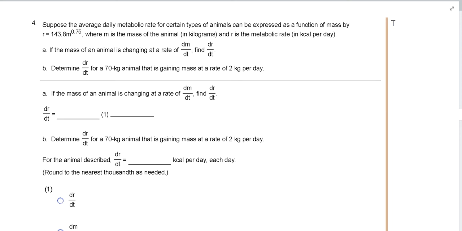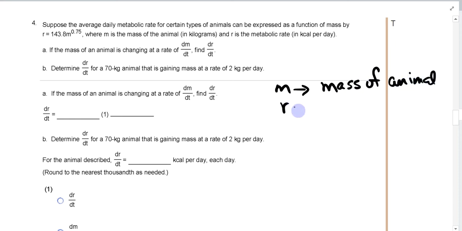That's A. Determine dR/dt for a 70 kilogram animal that is gaining mass at a rate of 2 kilograms per day. So let's write down a couple of things. M, we're talking about the mass of the animal. And R, the metabolic rate.